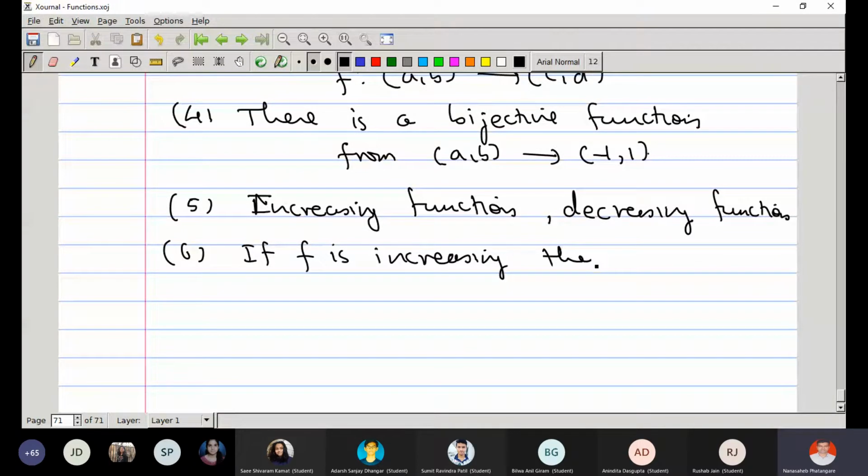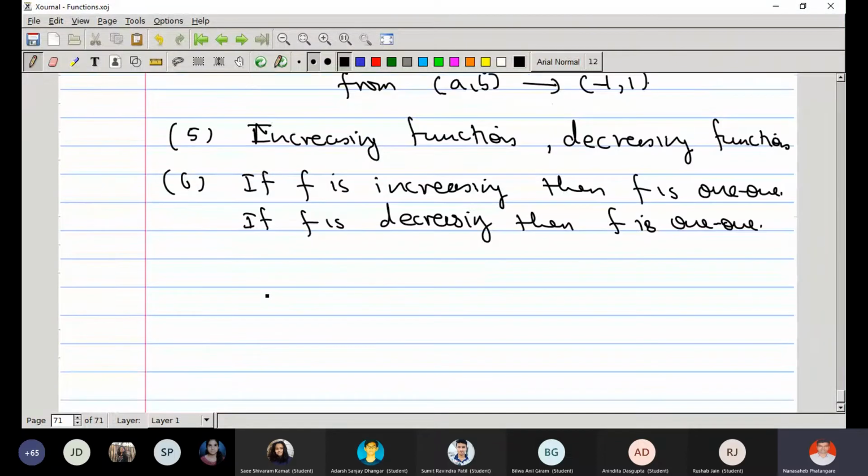If f is decreasing, then also f is a 1-1 function. If you remember, these points we discussed last time. So if the function is increasing or decreasing, the function is 1-1.